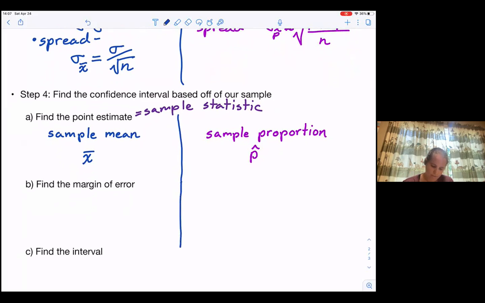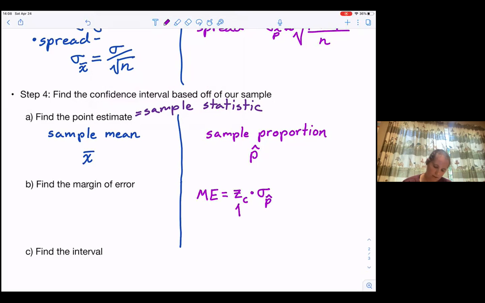So adding in our wiggle room, our margin of error, we'd have our standard formula. So margin of error, we want to do essentially the number of hops out we need to go to get our correct percentage times our standard deviation. So the margin of error for proportion was, your textbook uses the symbol z sub c times the standard deviation or standard error for the p hat distribution.